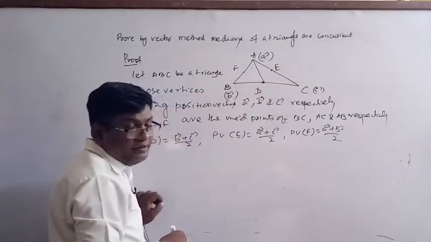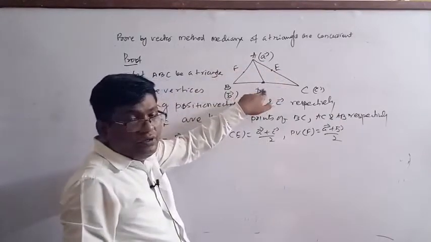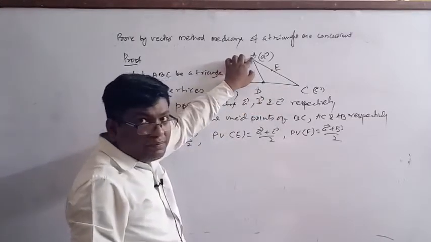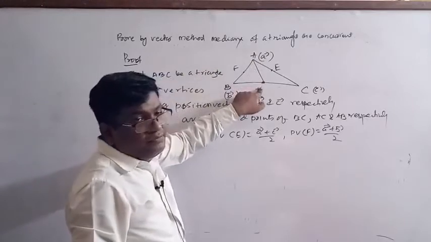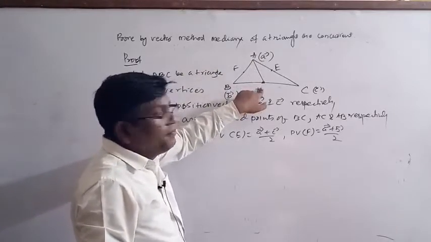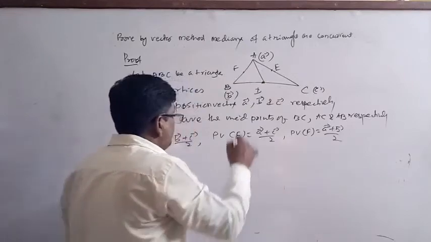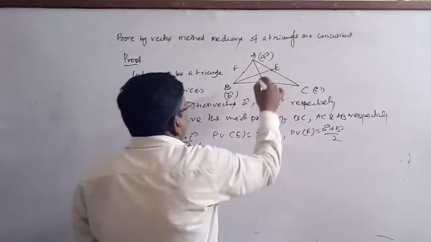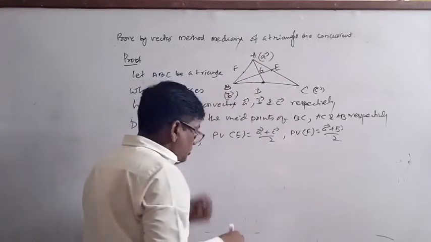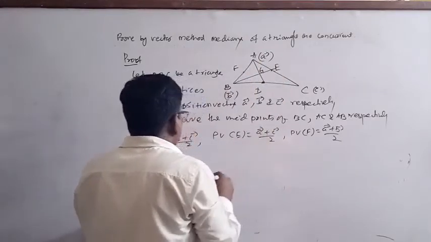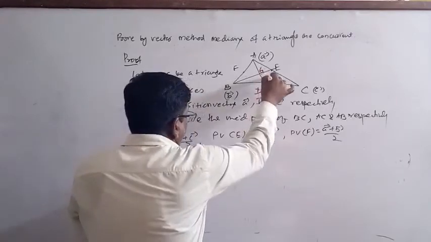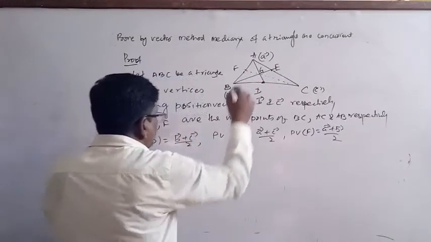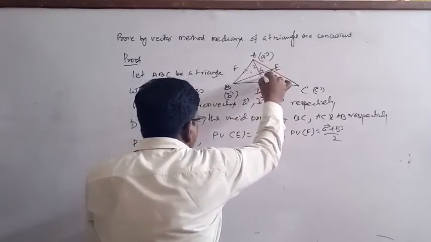So this is a median. Suppose the point of intersection is G. We have to prove concurrent, which means passing through a single point. The median divides this in the ratio 2:1.